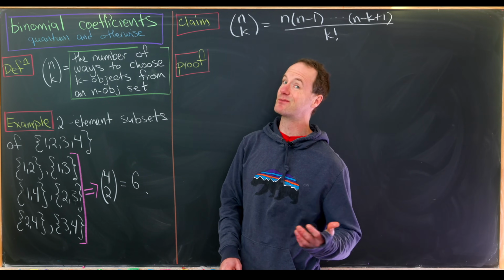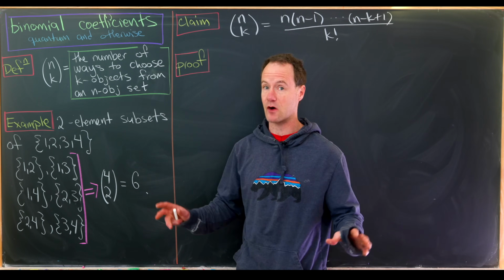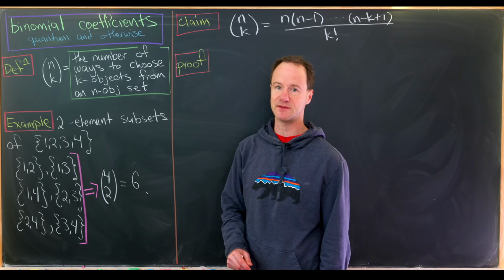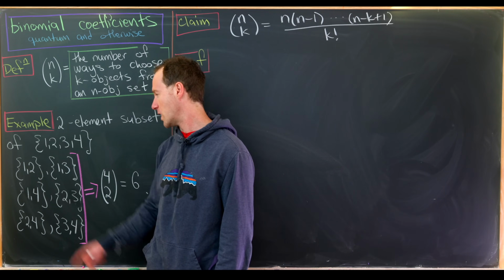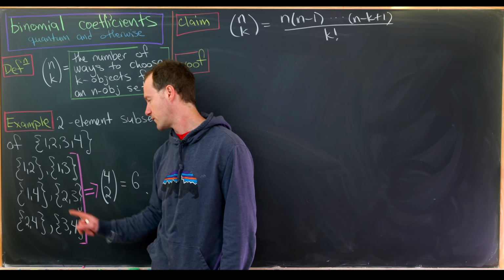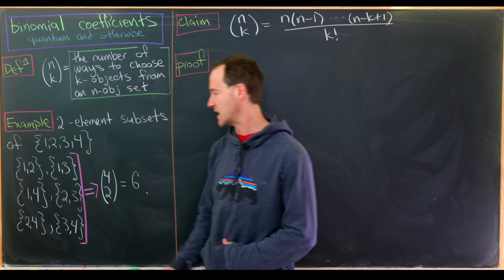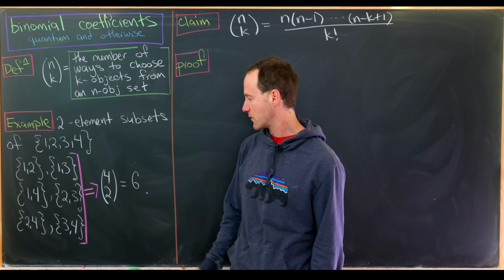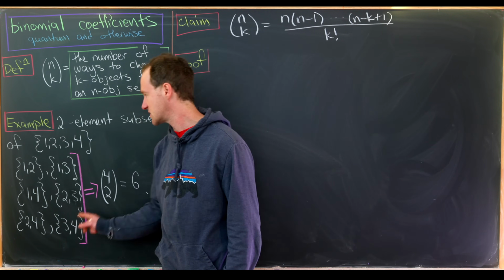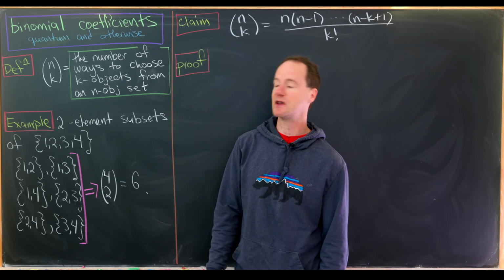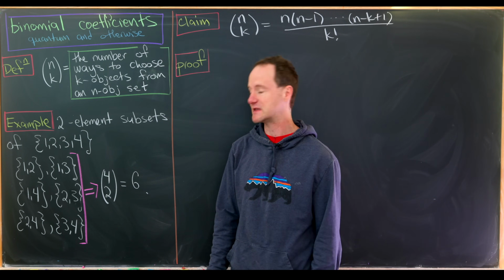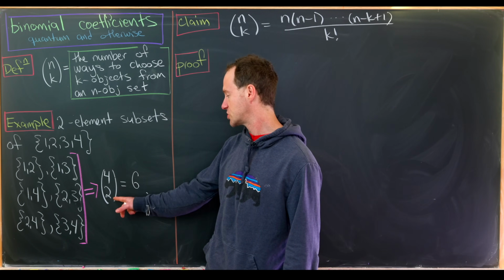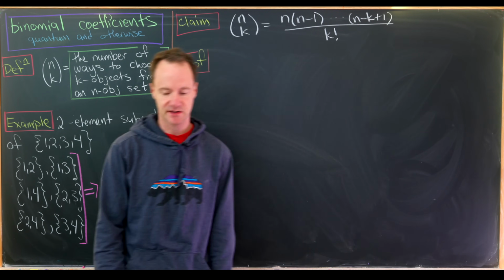So let's notice we can pretty easily just write down all possible 2-element subsets. We have 1, 2, 1, 3, 1, 4, 2, 3, 2, 4, and 3, 4. But we can count that up and we see we have 6 total 2-element subsets of our 4-element set, meaning 4 choose 2 is equal to 6.